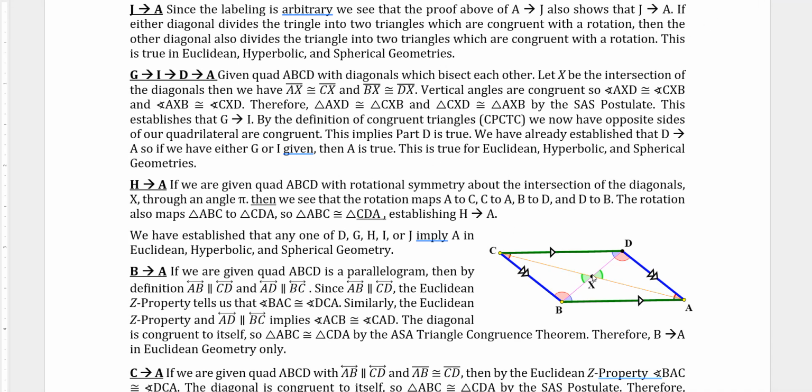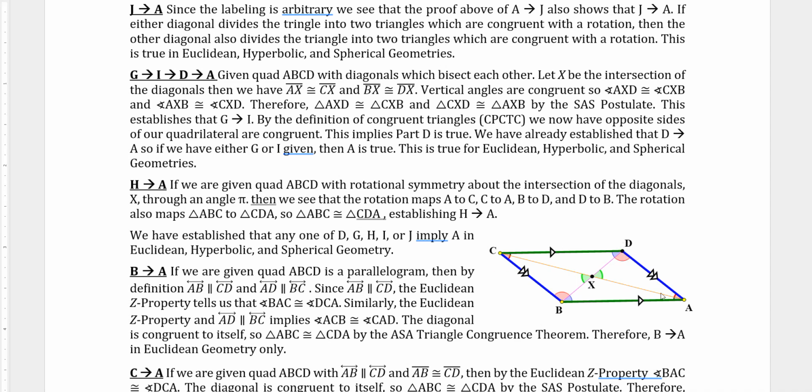That means when you rotate it 180 degrees about this point, it is back where it started. When we rotate this A 180 degrees, it has to be somewhere on the line AC. And the only place on there that would actually still be on the original figure is C. So A has to go to C, and similarly C has to go to A. And the same argument holds for the other endpoints. D has to go to B and B has to go to D.